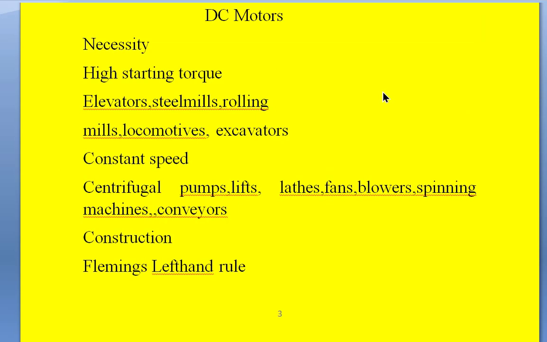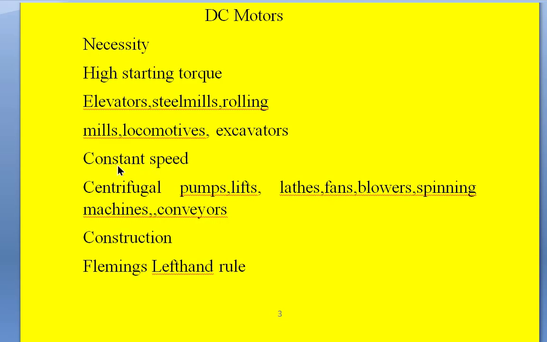Let me summarize the video. Here we observed the necessity of studying DC motors. Why should we study the DC series motor? For high starting torque. And why should we study shunt motors?